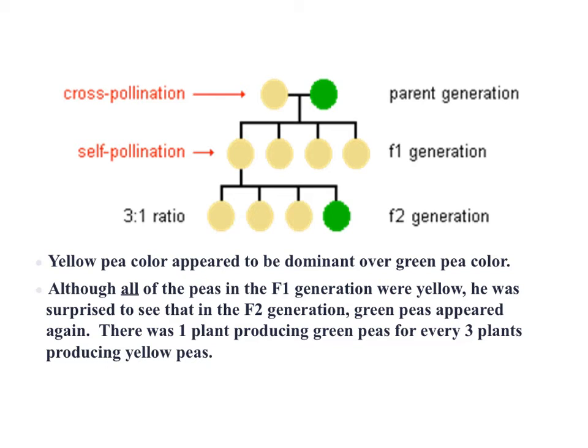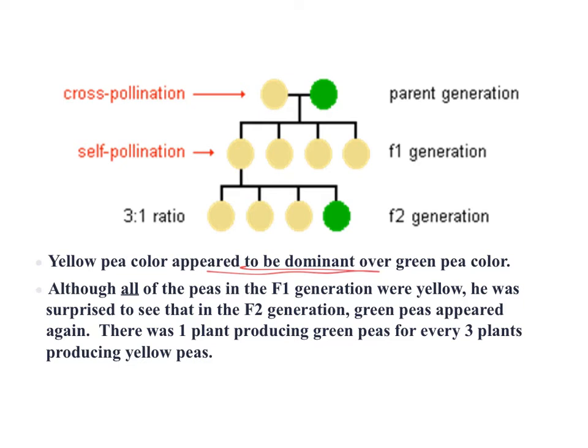That stands for the first filial generation, or you can just think of it as their first set of offspring. He noticed that all of these were yellow, which was surprising. So that tells him that the yellow pea color had to be dominant over green. It just had to. That's why all of the F1 is yellow.